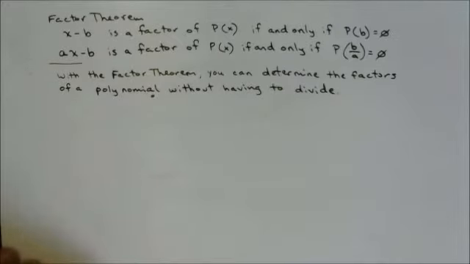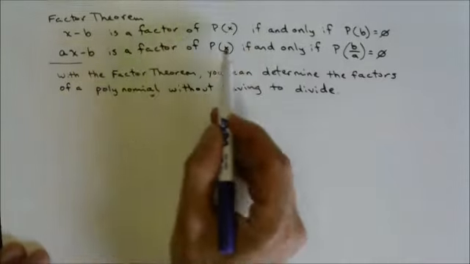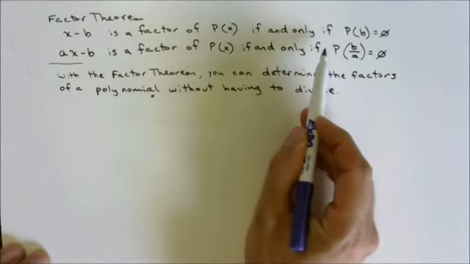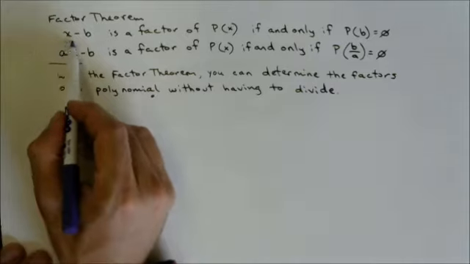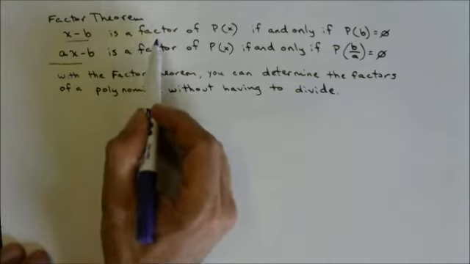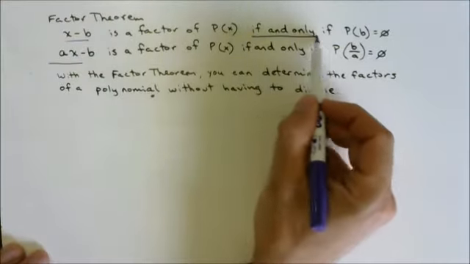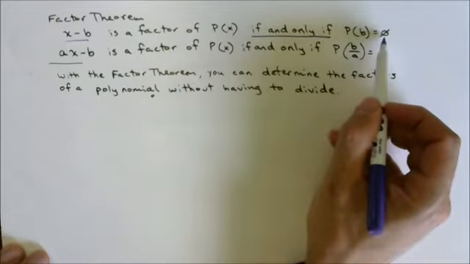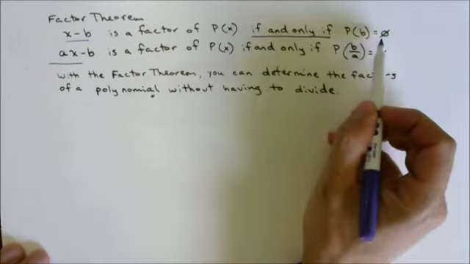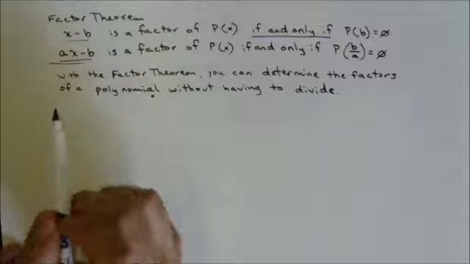We're going to get a list of binomials and test them according to the factor theorem. All we need to remember is that x minus b is a factor if and only if p of b is 0, and likewise for ax minus b. That's what we're keeping in mind as we work through, mathematically.